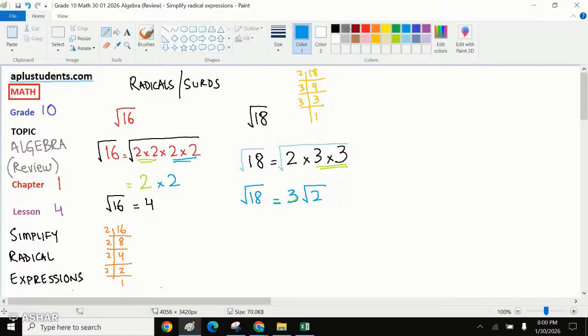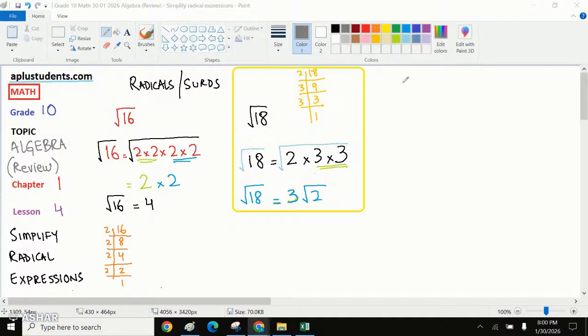We also know that if we have variables, okay, I'll just put it in a box. If I was adding 3x to 2x, right?